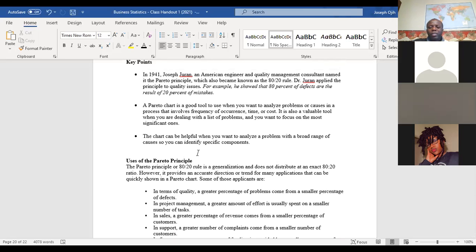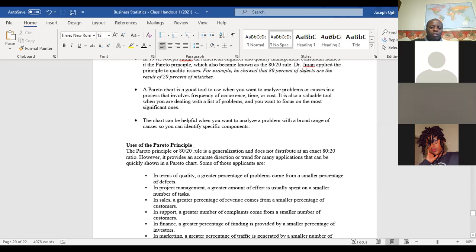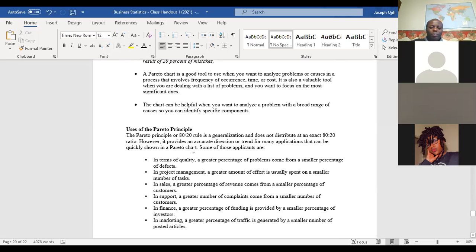Another way to say it is that 20% of the population control the wealth, while the other 80% are middle class and lower class. So there are many ways we use it in different aspects.